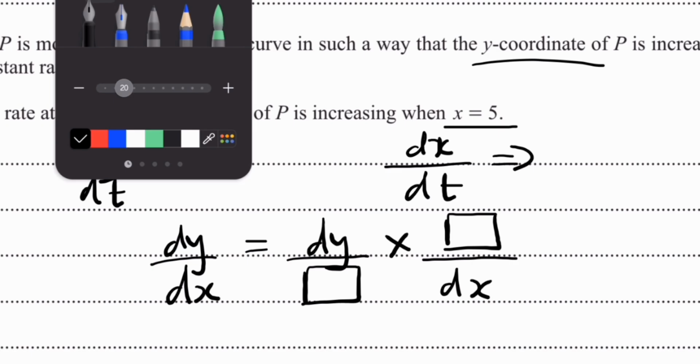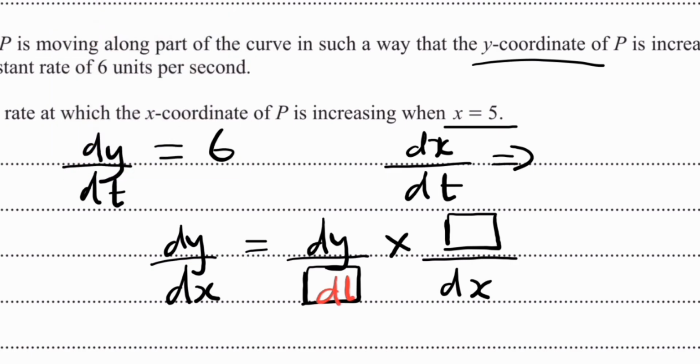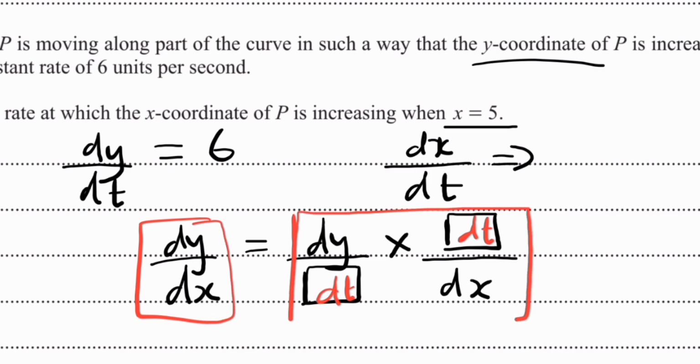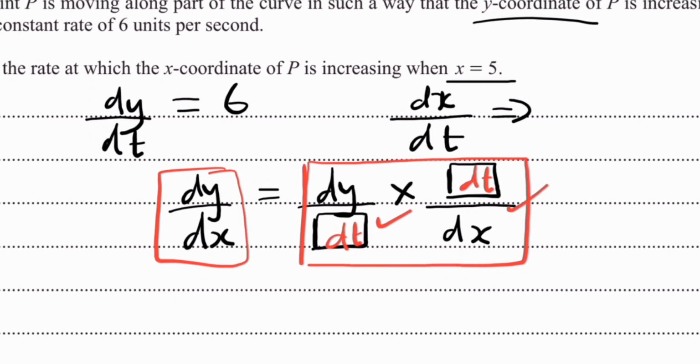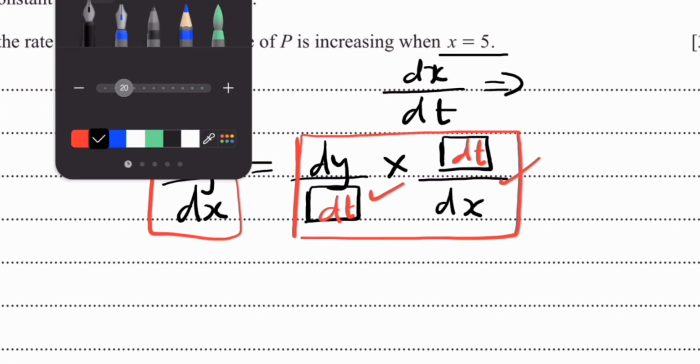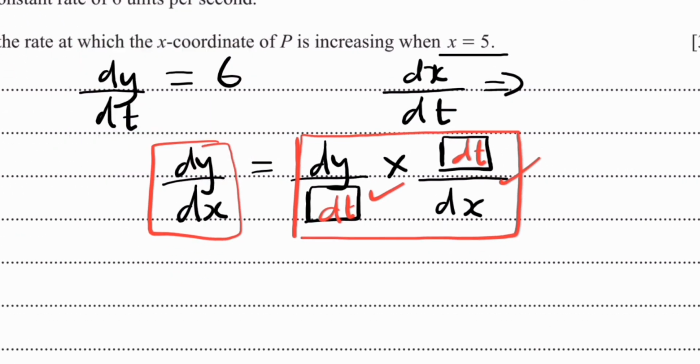So in the box we can put dt, right? This is dy/dx, and we will also get dy/dx from this side. But now we're connecting these, right? So we're going to try and find dy/dx at x equals 5. Then we use this for dy/dt. Then we find dx/dt.